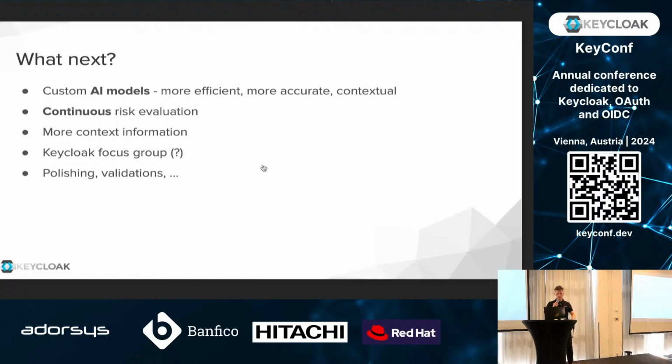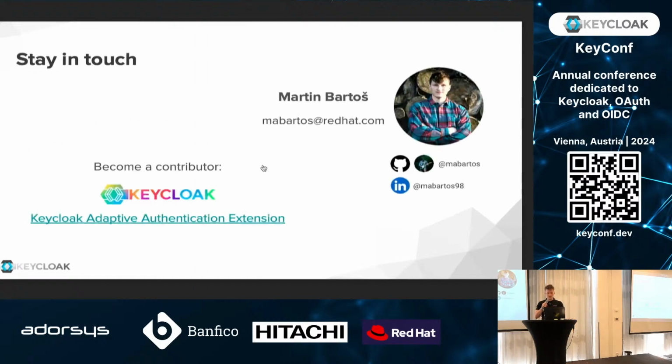Also gather more context information, maybe create some Keycloak focus group or SIG, as Vinod mentioned in the beginning. It would be great to involve more people there, if it makes sense, right? Also the polishing and validations. I think that's it from my side.